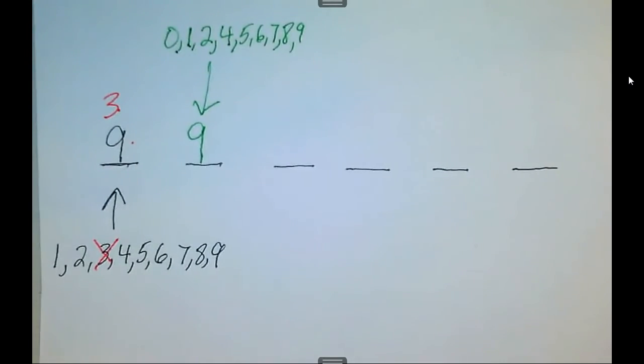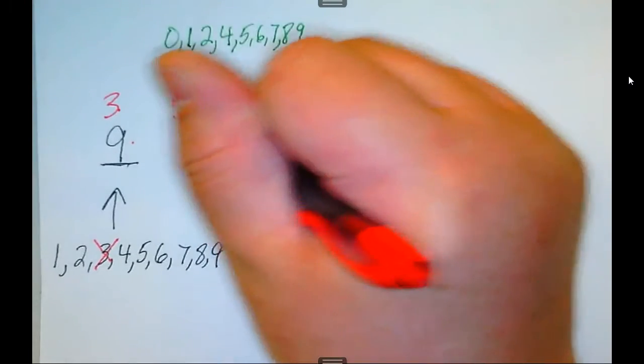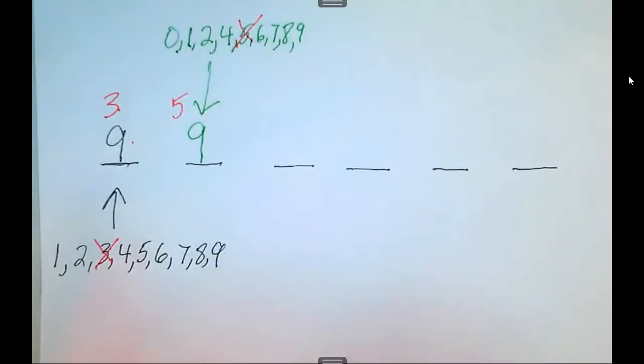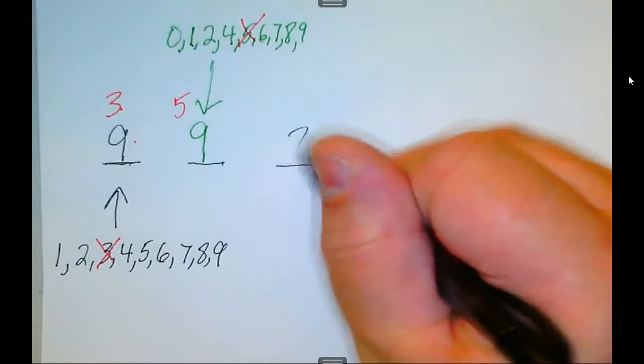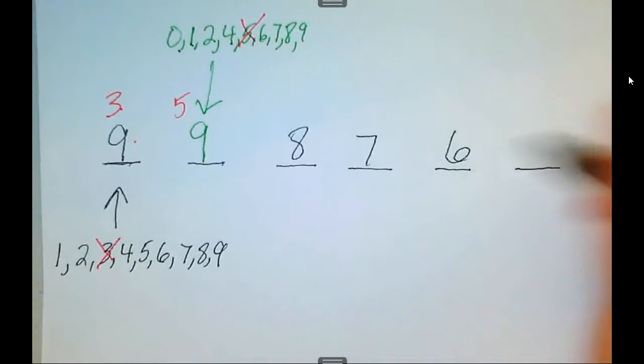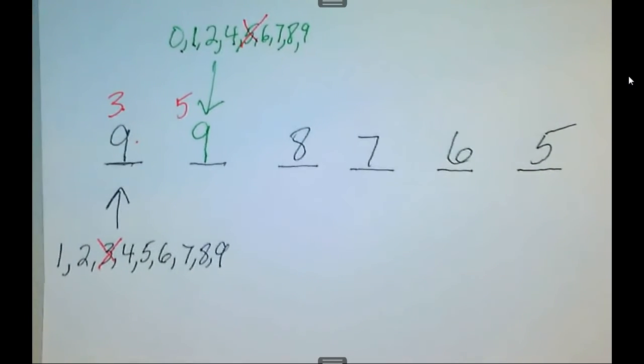Took out 3. What do you want the second digit to be? 5. So we're going to cross out 5 because we can't repeat. Got it? Right. It says you can't repeat.